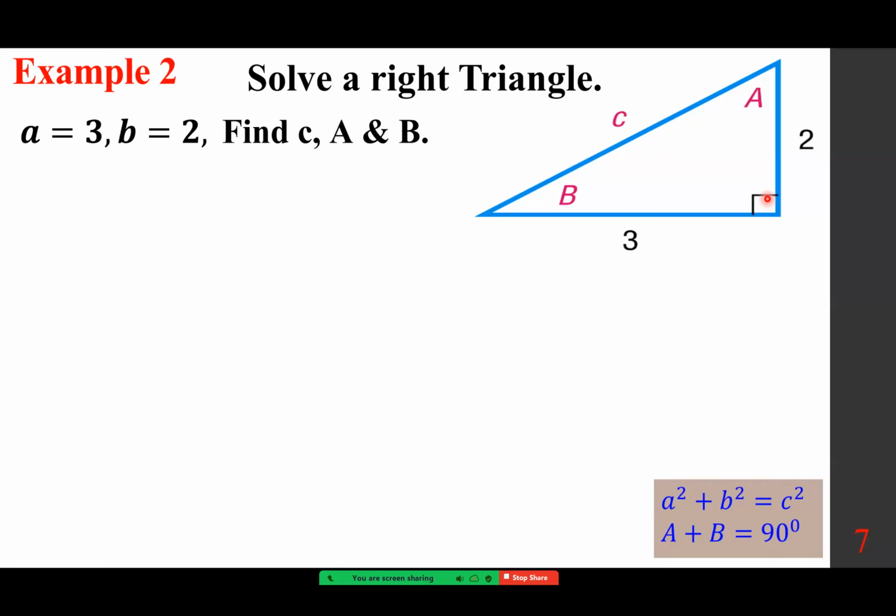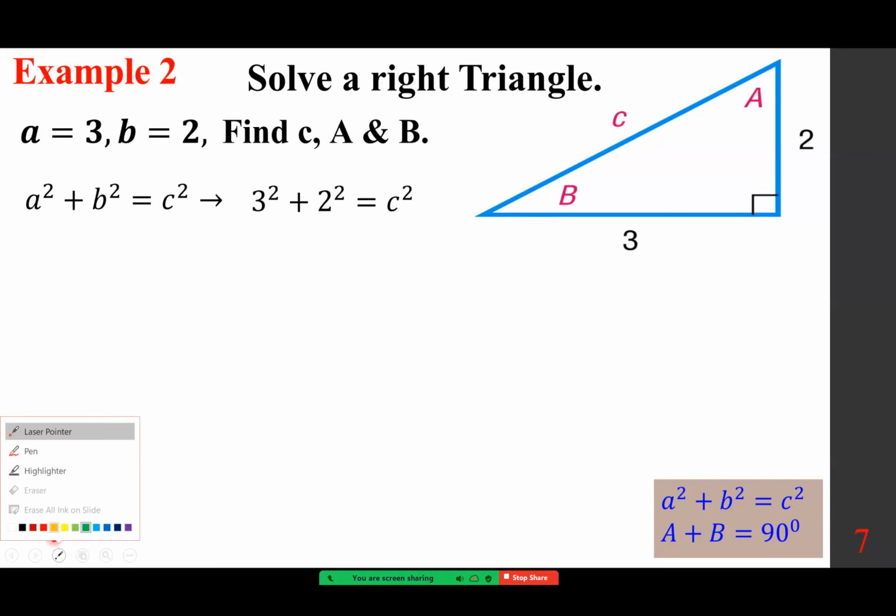So using the Pythagorean theorem, we can find c. a squared plus b squared equals c squared, which means 3 squared plus 2 squared is c squared, right? Those are the given. So this is 9 plus 4, and so c squared is 9 plus 4, which is 13. c is the square root of that.